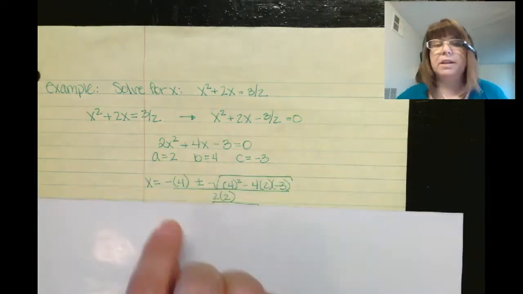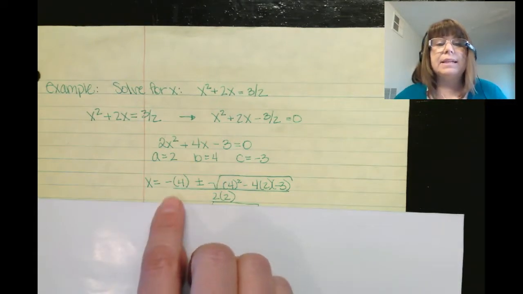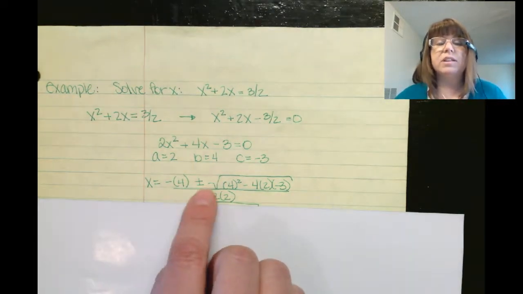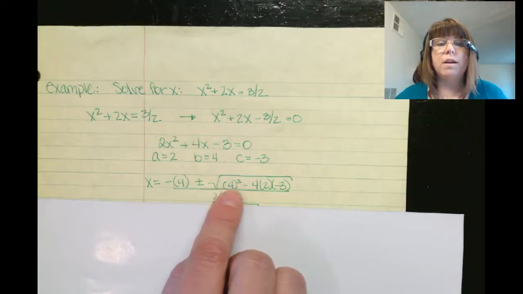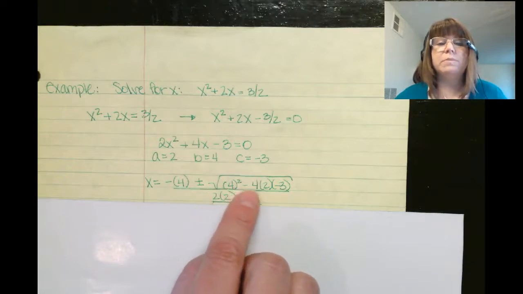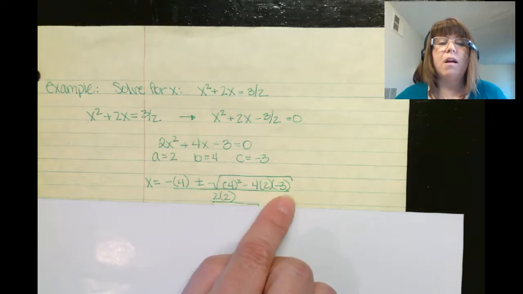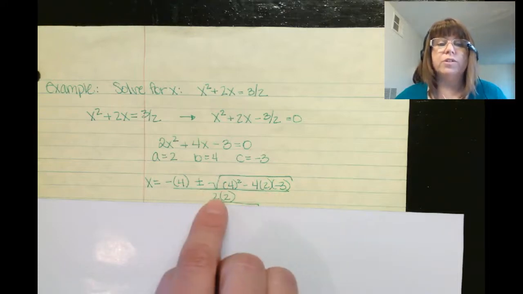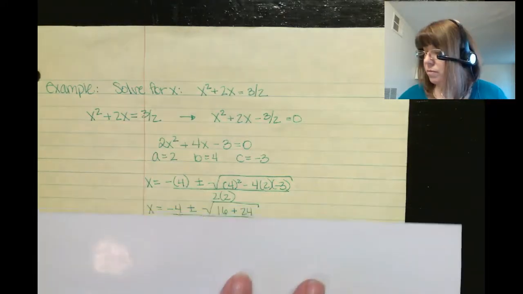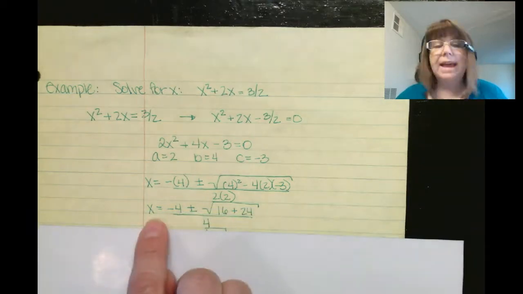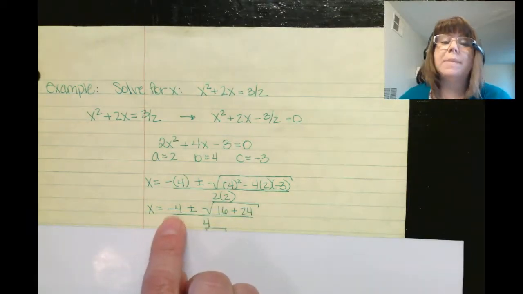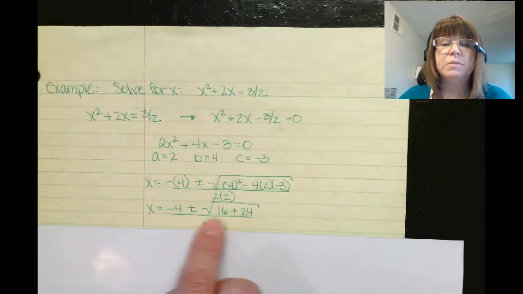Plug it into my formula. x equals negative 4 plus or minus the square root of 4 squared minus 4 times 2 times negative 3 all over 2 times 2. So x equals negative 4 plus or minus the square root of 16 plus 24 all over 4.